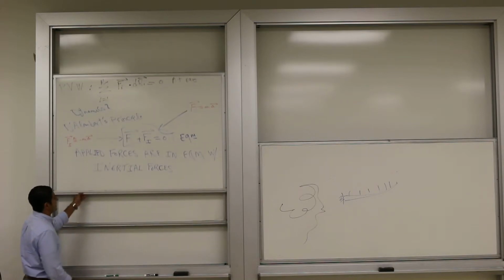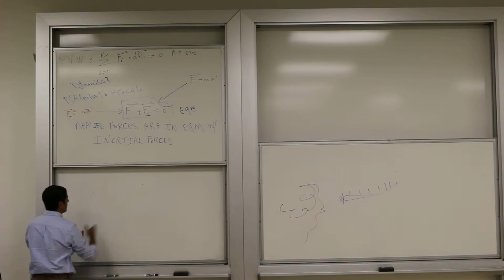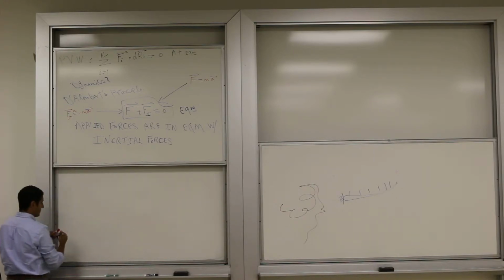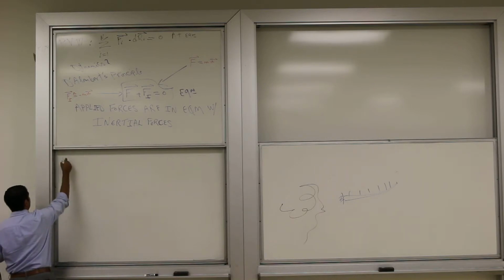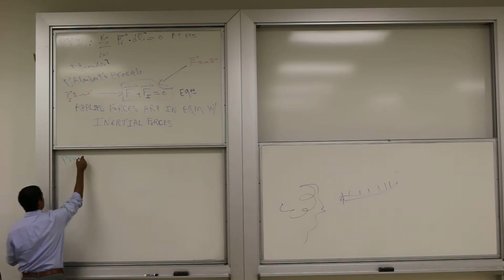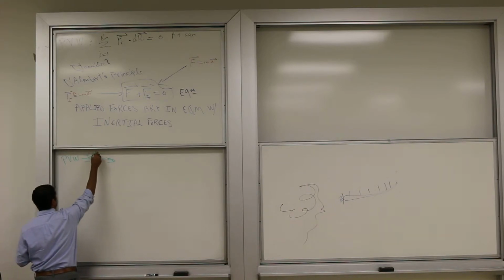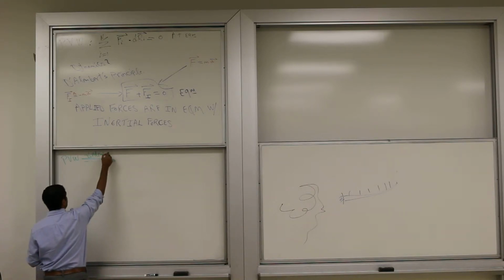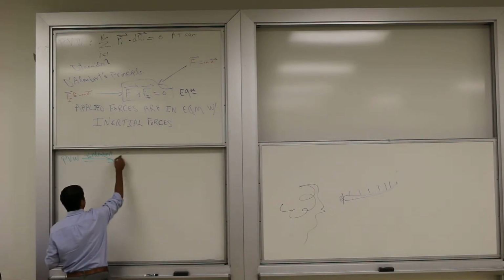If you accept this, like I said, immediately we're going to extend our principle of virtual work. So principle of virtual work extended by D'Alembert's principle. We're going to write it as expected.